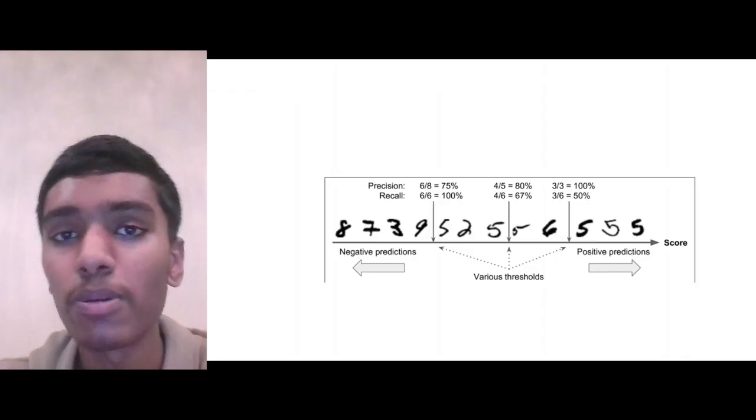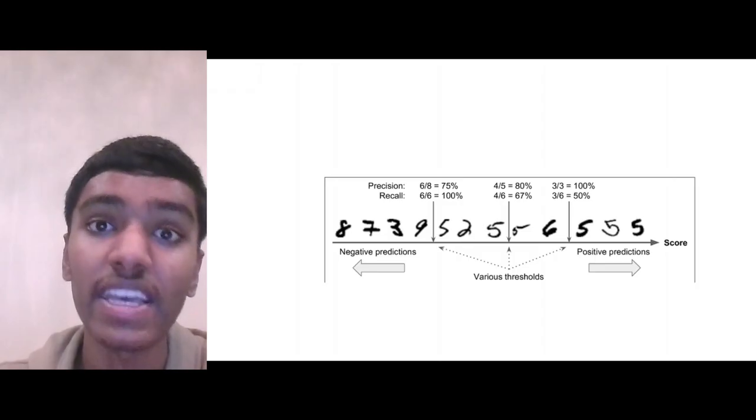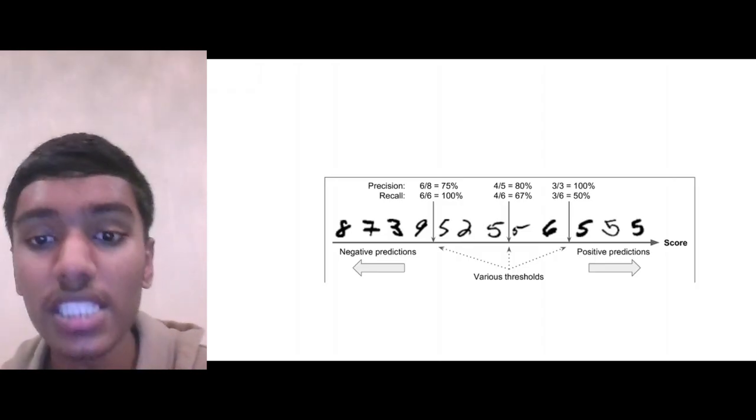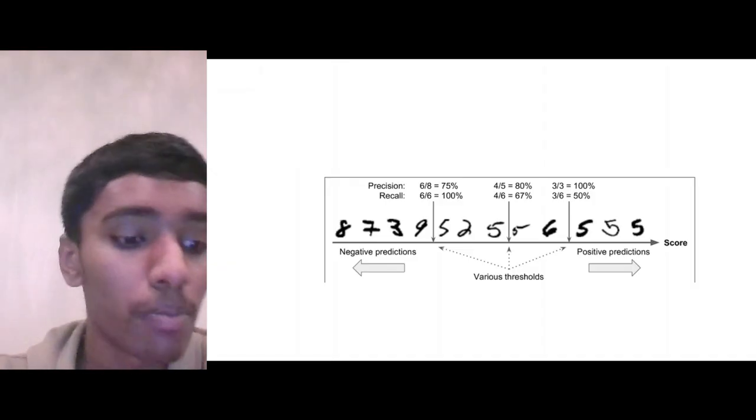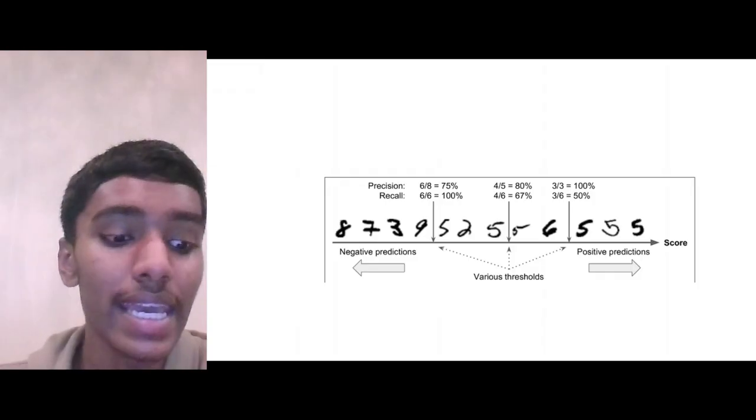If the values that we predict have a very high probability of being 5, then that means our precision becomes greater.